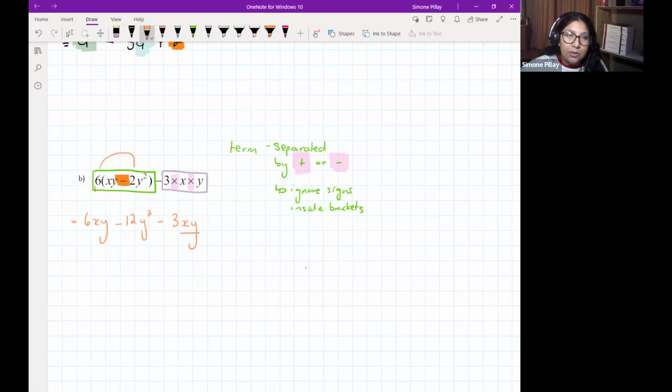And because we have xy over here and xy, 6xy minus 3xy gives us 3xy minus 12y squared. So that is my actual answer. So Christian, yes, you were right there. But then you still have to add your like terms. There you have 6xy and the negative 3xy. Bring those together and you'll end up with 3xy.